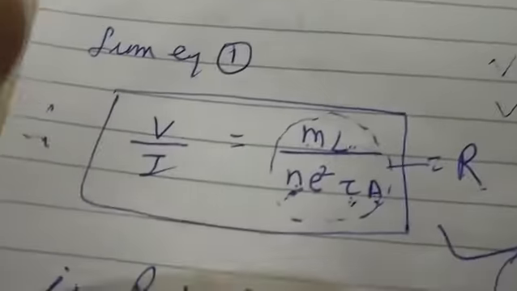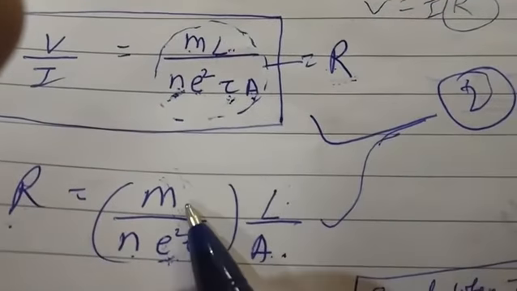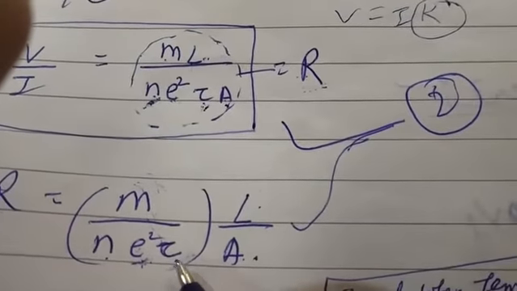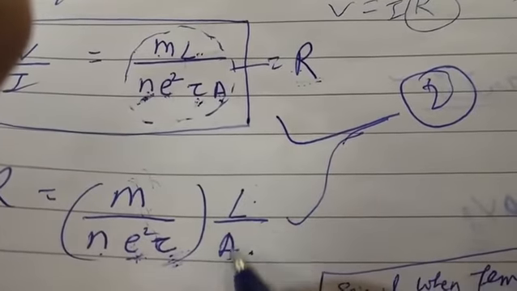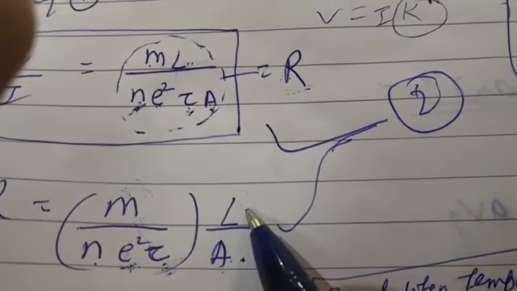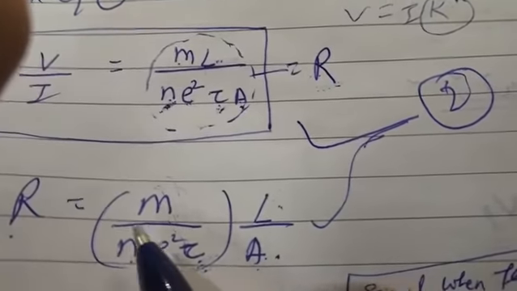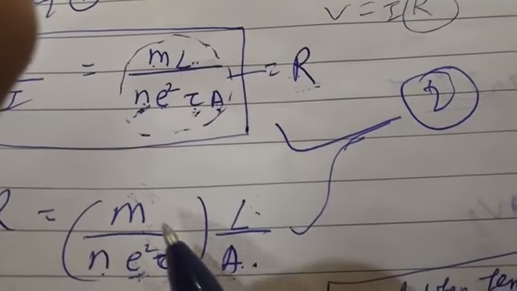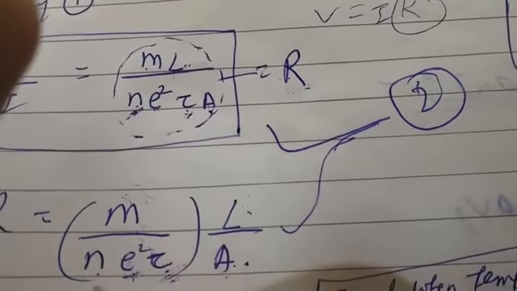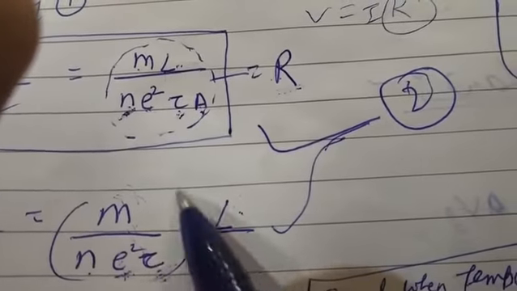Now see from equation 2, R is equal to m upon n e square tau into L upon A. If L is equal to 1 and A is equal to 1, then m upon n e square tau is equal to rho.